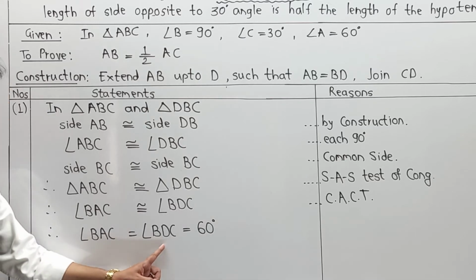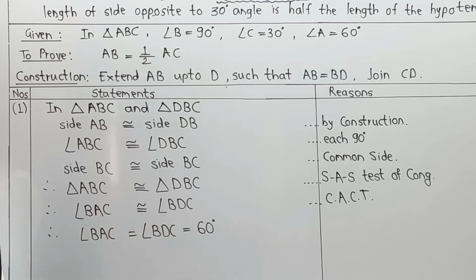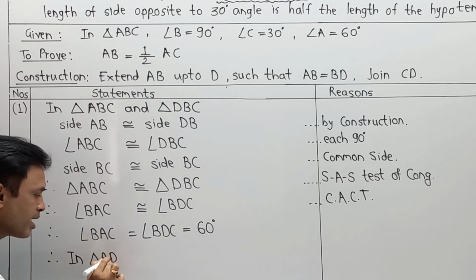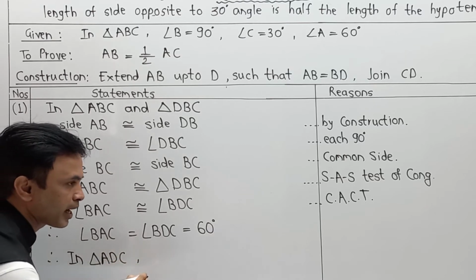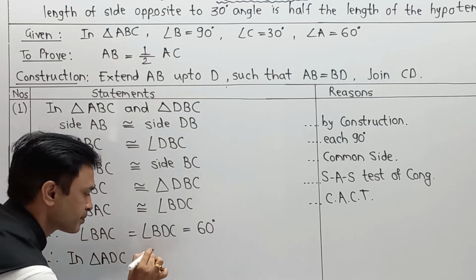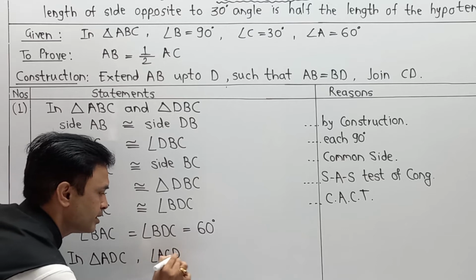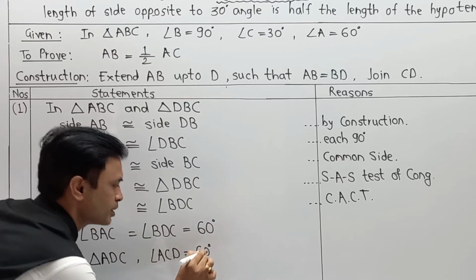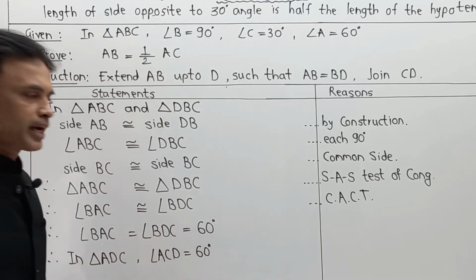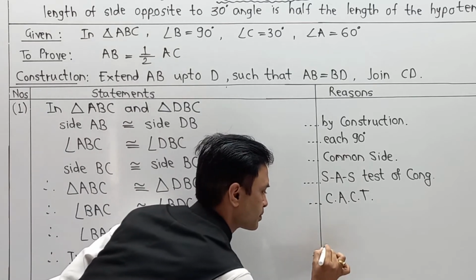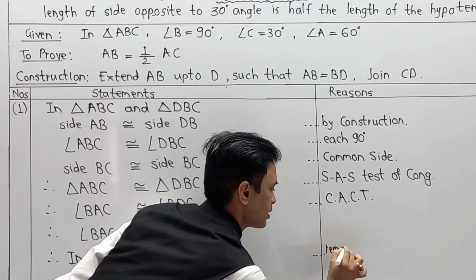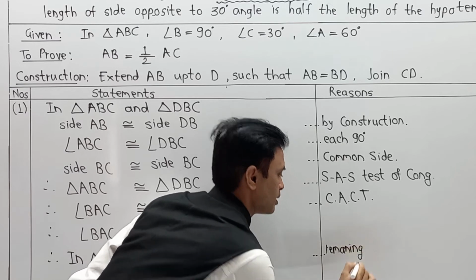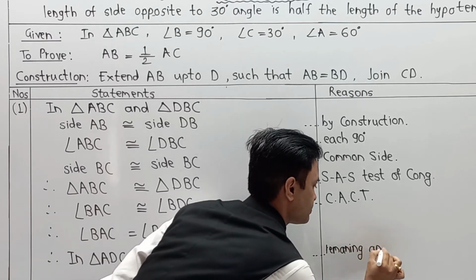Now, if two angles are 60 degrees, naturally the third remaining angle, in triangle ADC, angle ACD is also 60 degrees, the remaining angle of the triangle.